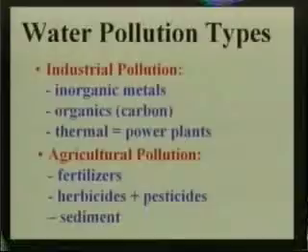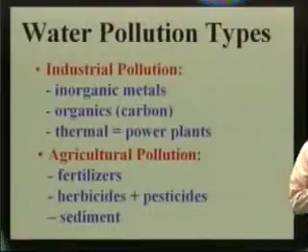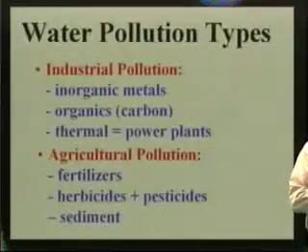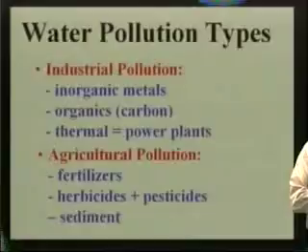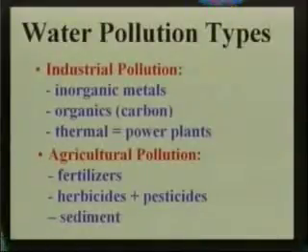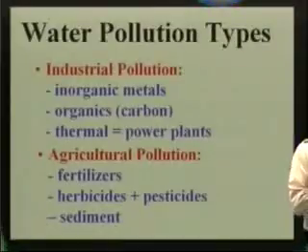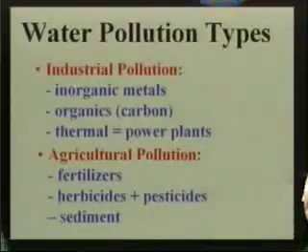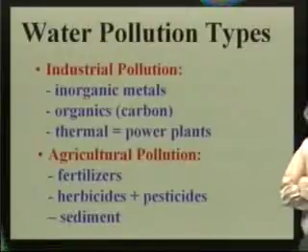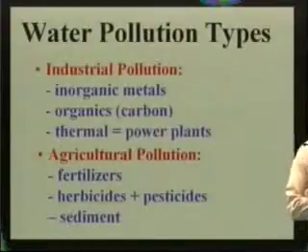All right, so here's where I'll kind of slow down a little bit. Let's take a look at these types again and kind of list what was in that figure. Water pollution types. The first category I want to look at will be industrial pollution. What I'll do first is list these styles, and I'll come back to it, maybe give you some specific examples of some chemicals or things that are lumped together as inorganic, organic.